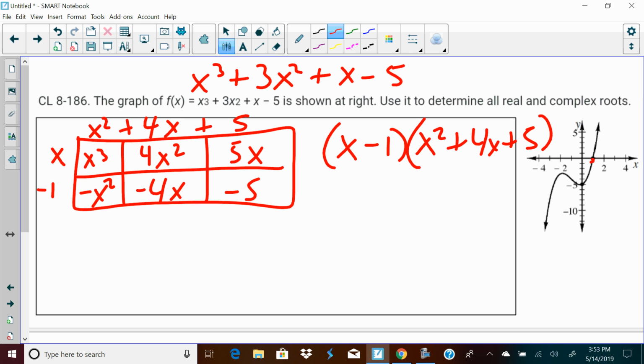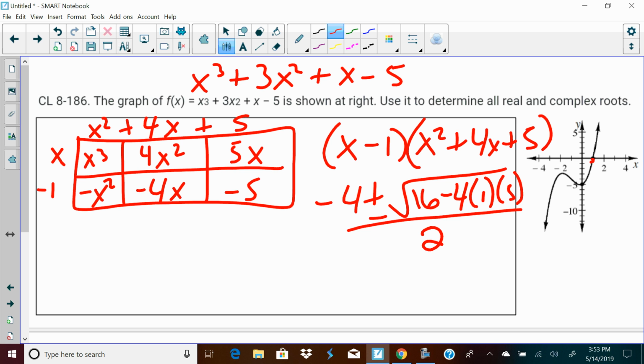So I can't factor that, and I know it's complex, so I'm going to have to use the quadratic equation. So I'm going to do the opposite of 4, plus or minus the square root of 16 minus 4 times 1 times 5, divided by 2. So I get negative 4 plus or minus, 16 minus 20 is negative 4, the square root of negative 4, divided by 2.